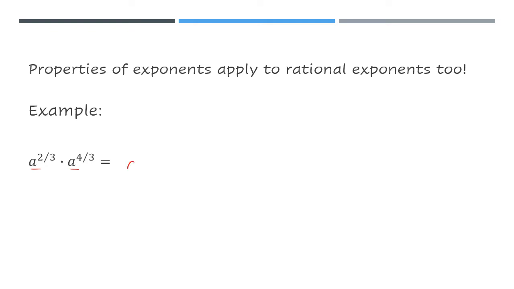So this will look like a to the 2/3 plus 4/3, which of course can be simplified. We've got common denominators for those two fractions. So that's a to the 6/3, and that simplifies to a squared.